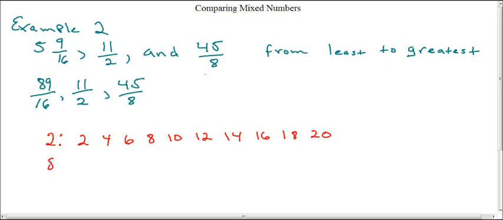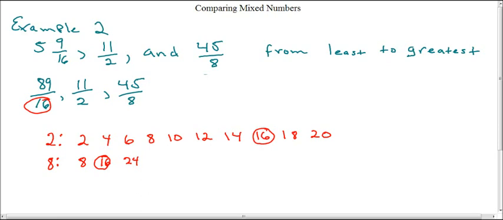Let's go with 8. We have 8, 16, we have 24. No, wait a minute. Look what I see. I see a 16 and a 16, and then here's the denominator of 16.